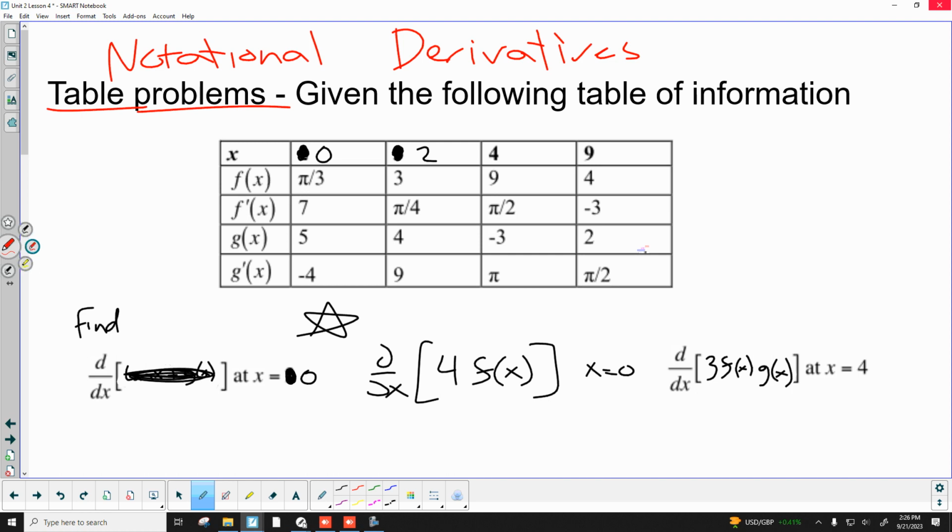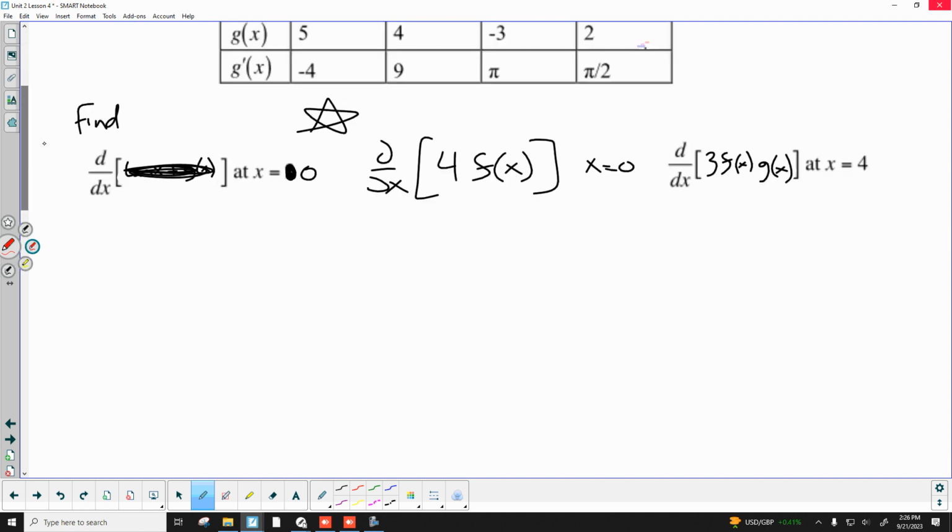How? Well, the derivative of a number times something, I don't have to use a product rule. I just have to say that the derivative of 4 times f of x is 4 times the derivative of f. You never write this down. Well, this is forcing you to do it.